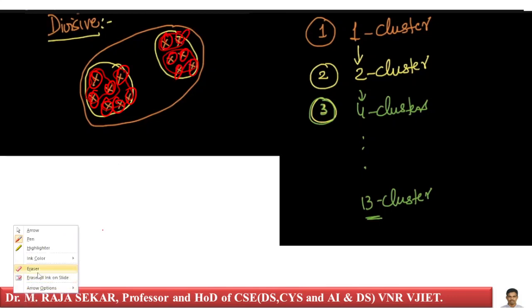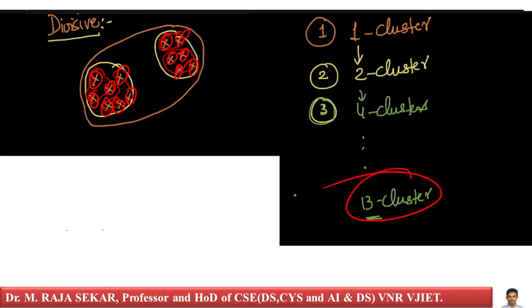Therefore, it will keep going on till we have 13 clusters, each cluster effectively becoming a single point. So divisive starts with one big cluster with all points and reaches 13 clusters, one cluster for each point.